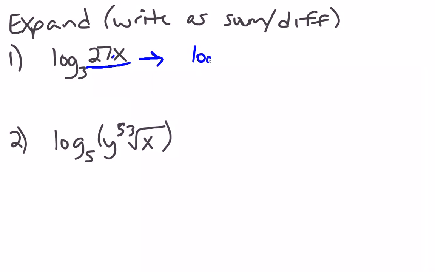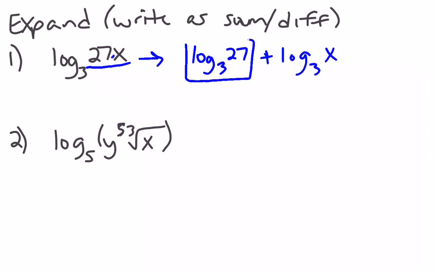So log base 3 of 27 plus log base 3 of x. And what I notice here is that this is going to be just a number since all I have are numbers, no variables. So what power of 3 is 27? 3 cubed is 27. So 3 plus log base 3 of x would be my answer.